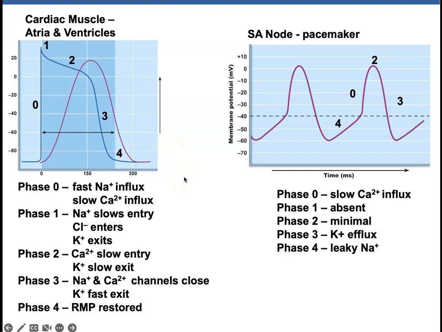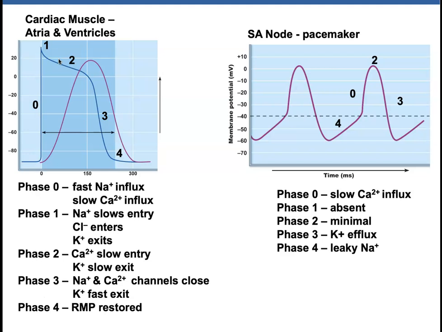Now, one thing I hate about these two images is that the color that they use to show the SA node pattern and the phases that it goes through is the same color that they use to show the tension in a heart muscle cell. That's what this purple line is. The blue line that you see here is the actual signal that happens in cardiac muscle tissue, so the atria and the ventricles.